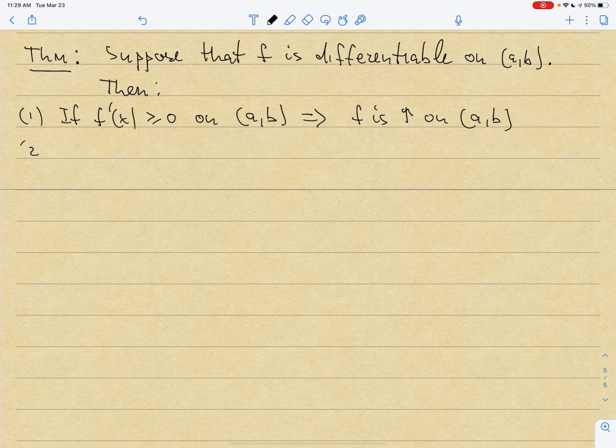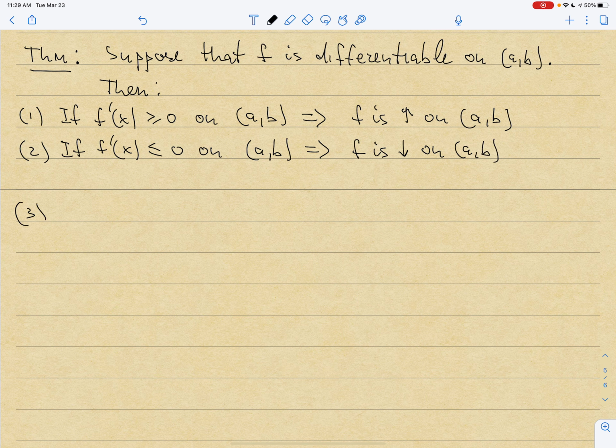Number 2, if f prime of x is less or equal than 0 on AB, then f is decreasing on AB.